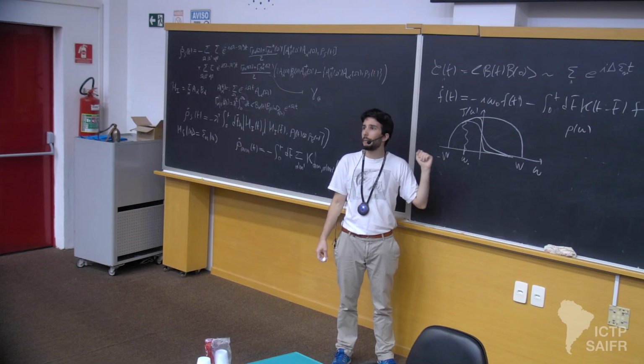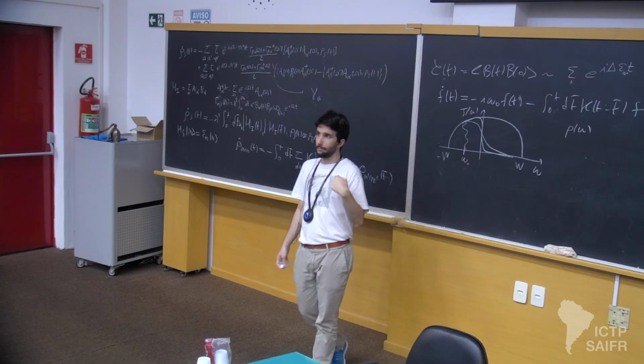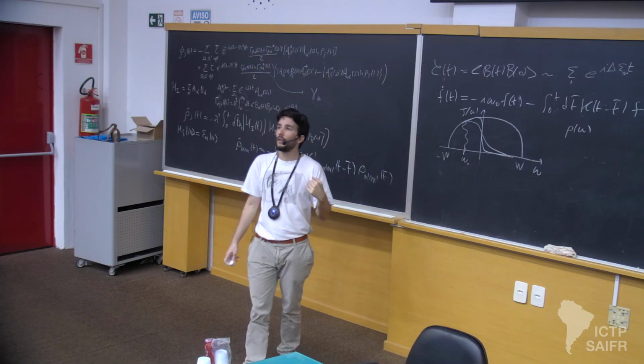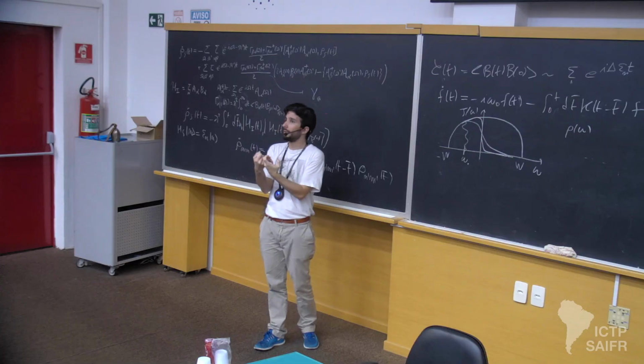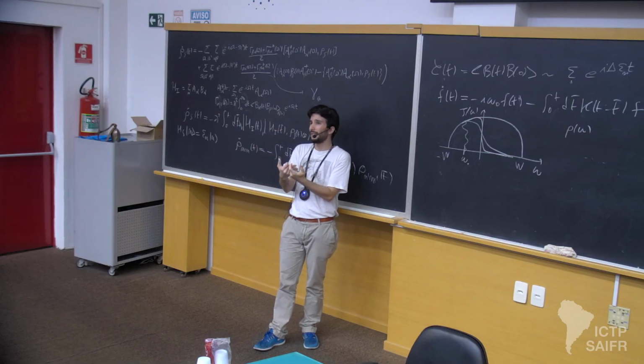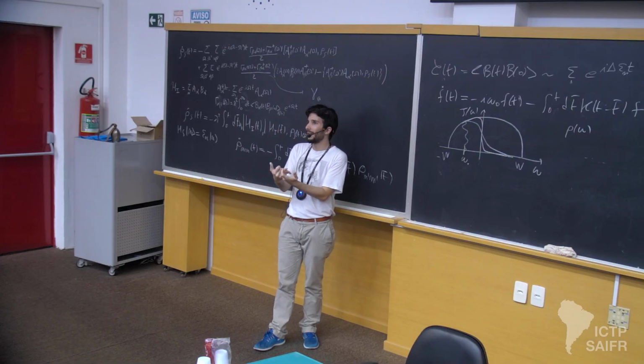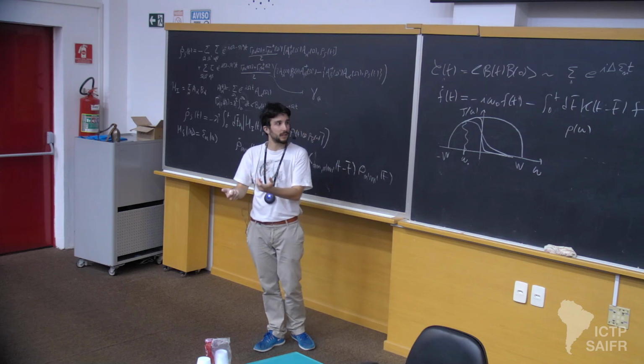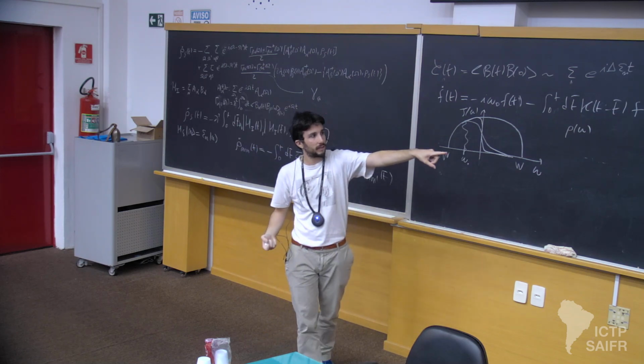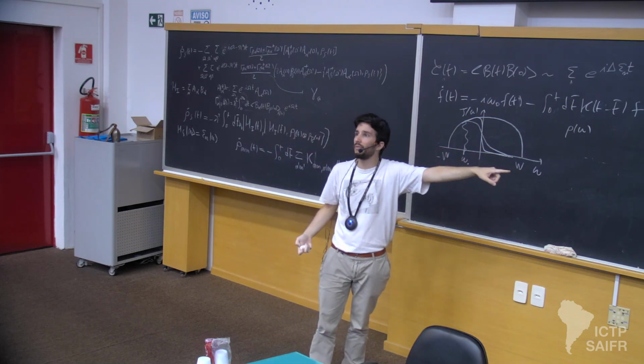But if you have a bath which is coupled through density to an interaction, then the bath is actually bosonic, because the excitations will be particle-hole pairs, and basically that picture becomes valid again.